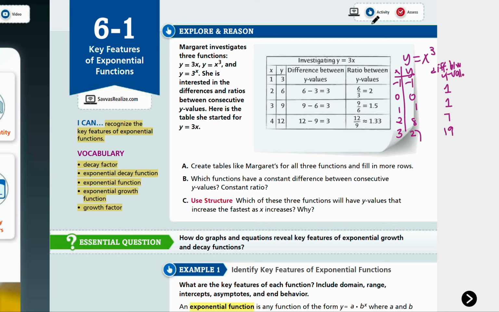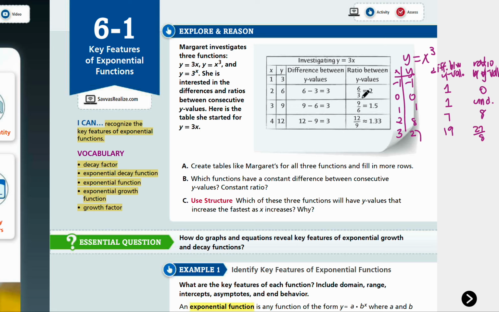The ratios between the y values would be 0 divided by -1, which is 0. Then 1 divided by 0, undefined. Then 8 divided by 1 is 8. And 27 divided by 8 is just 27 over 8.